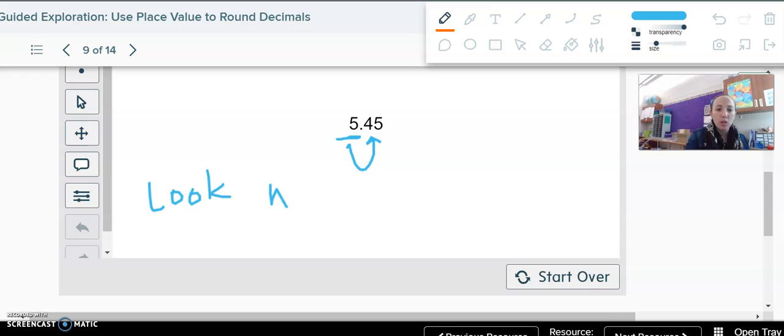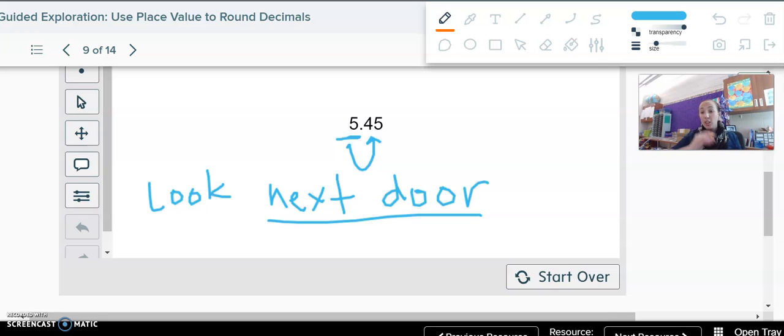That's on your paper. You can write, look at the number next door, or look at the number to the right. I usually just say you look next door. Do make sure you look to the right. That's the one that's going to tell me what to do.